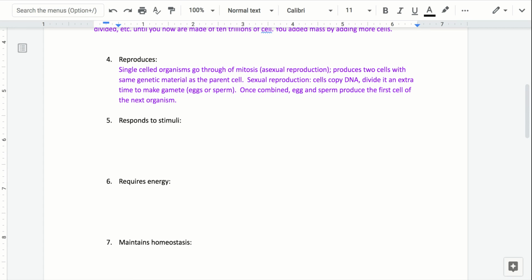Responding to stimuli, if you think of something like, I guess my favorite example is chocolate chip cookies. I enjoy chocolate chip cookies, and when I smell chocolate chip cookies, I try to go find them and eat them.